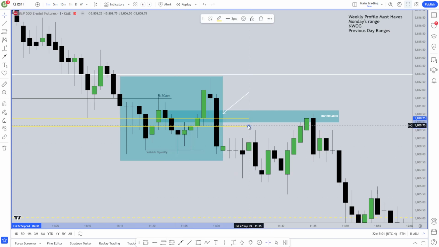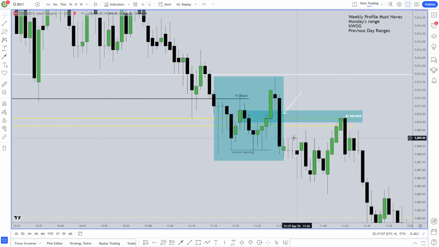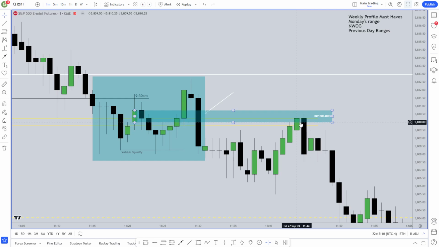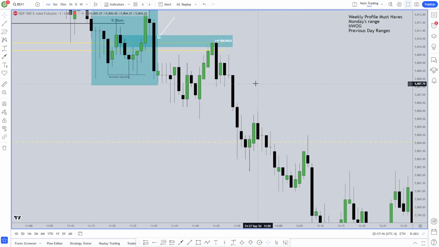And it is cool that the first presentation also gets respected again. So that's this first fair value up here. And then we're using the end of the AM session, so 11:45, to then kick off this bearish move. We get down to the previous day's mid, so that's that yellow line.